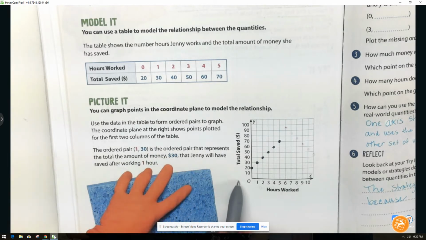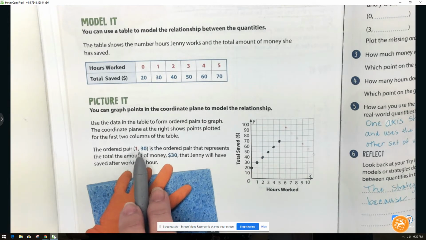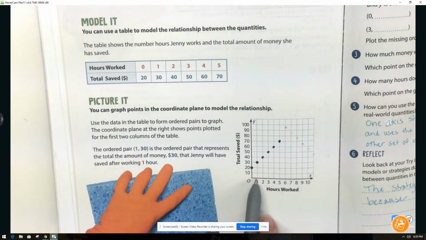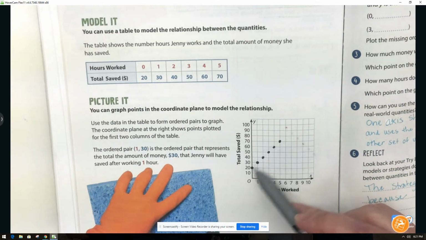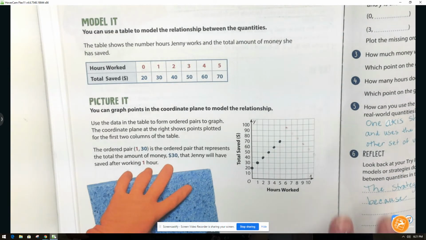So the ordered pair for this point here is 1, 30, because she works 1 hour and has $30. The ordered pair for this point here would be 0, 20, because she worked 0 hours, but she still had $20 in the bank. So now we're going to talk a little bit more about what these other points mean and what their ordered pairs would be.